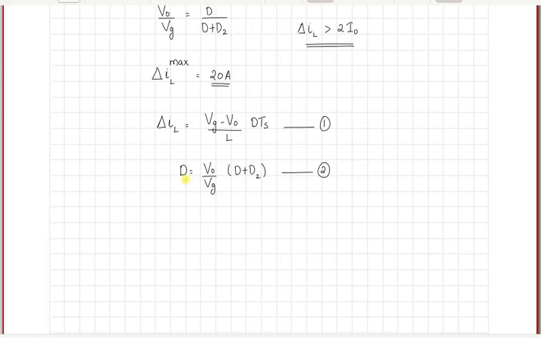So if I substitute for the value of D into equation 1, what I get is delta IL equal to (Vg minus Vo) by L times dTs. So D is Vo by Vg times (D plus D2) into Ts.